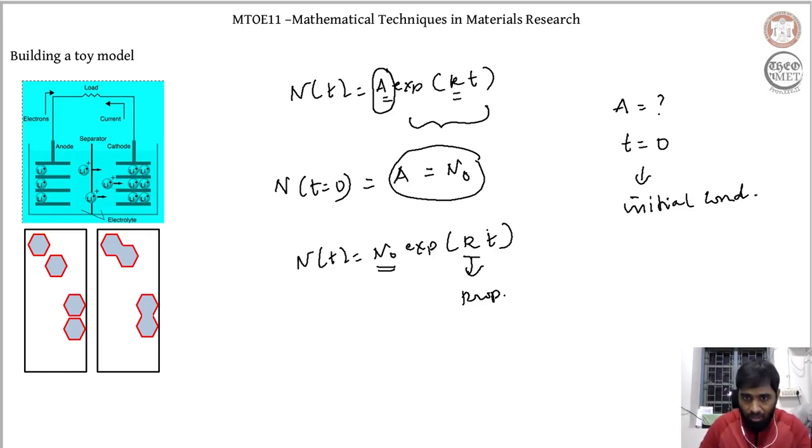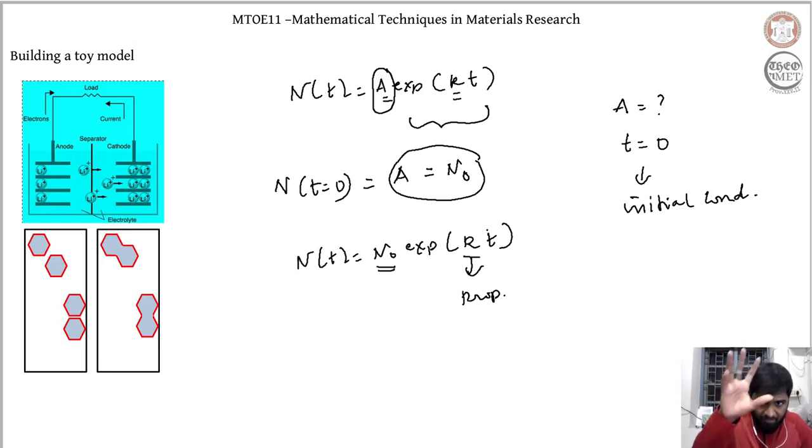This kappa, or k, is the constant that relates time to the charge of your battery, or the number of lithium ions in your electrode.